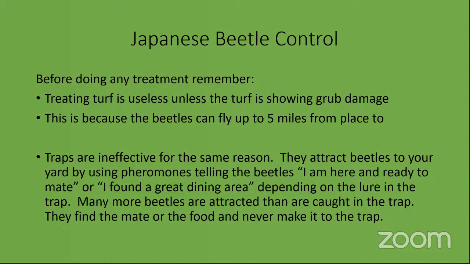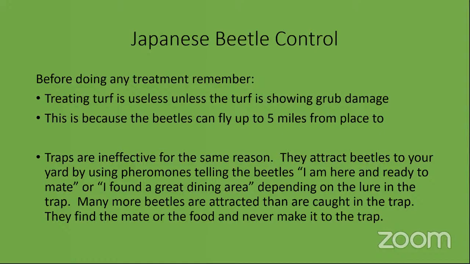There are two different pheromones that are used in those traps. One is a sexual attractant, and the other one is a scent that will attract the beetles to foliage that's been eaten on or nibbled on. So they're either saying, here I am ready to mate, or I found a great dining area.